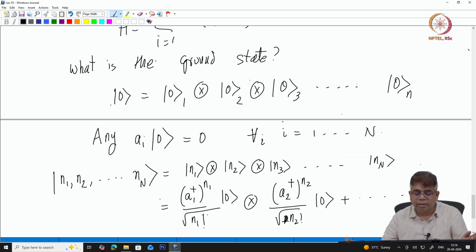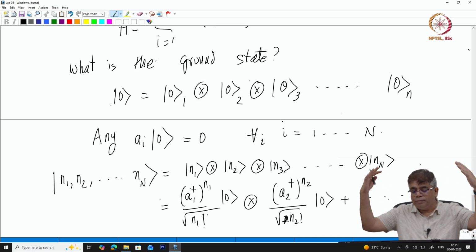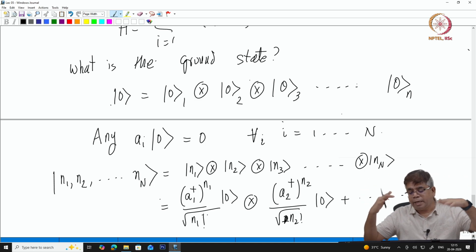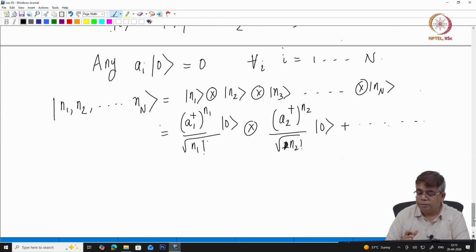If you have several a_i, this bunch of harmonic oscillators, you can create a state in which only one of them is switched on, and it creates one particle state, and there could be another. So there is a bunch of these states which are all in direct product with each other. This gives you the vector space.